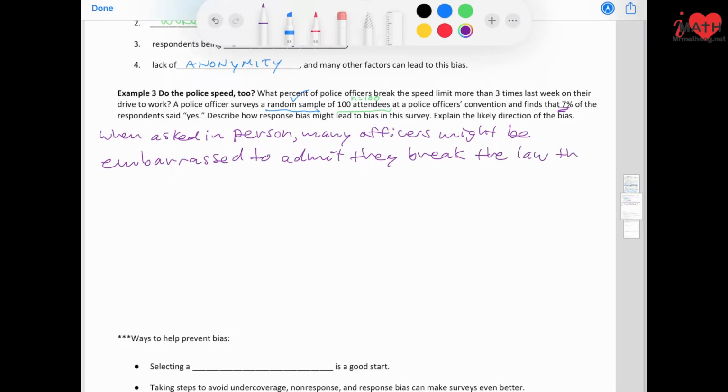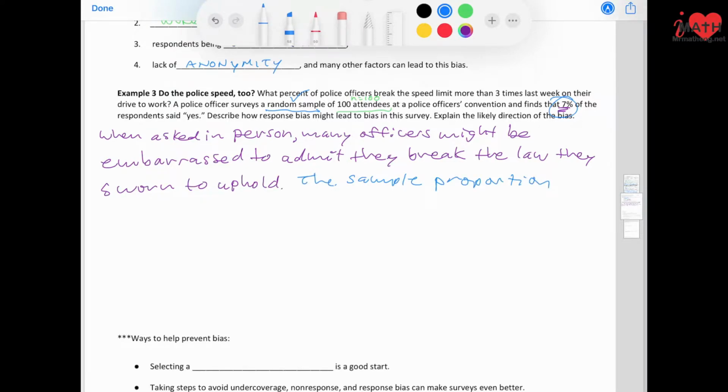They were sworn to uphold. Right? You're basically like not doing your job. You're kind of being a hypocrite. The sample proportion, which is a 7%.